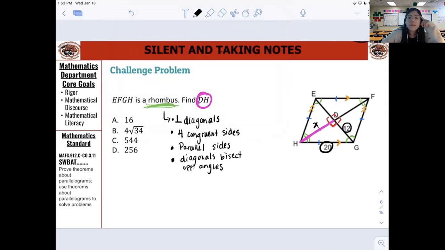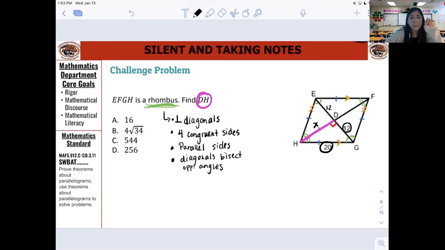Wait, aren't those gonna be congruent, those lines that are perpendicular? I mean diagonals. Wait, what letter is that? Wait, no. If EG, half of it is 12, right? The other half is gonna be 12. So that means that one half. Wait, that means that the H has to be 12 because they bisect each other.